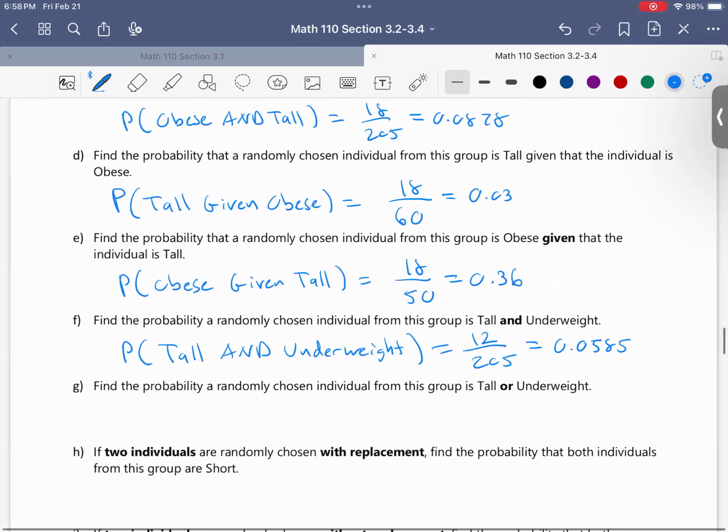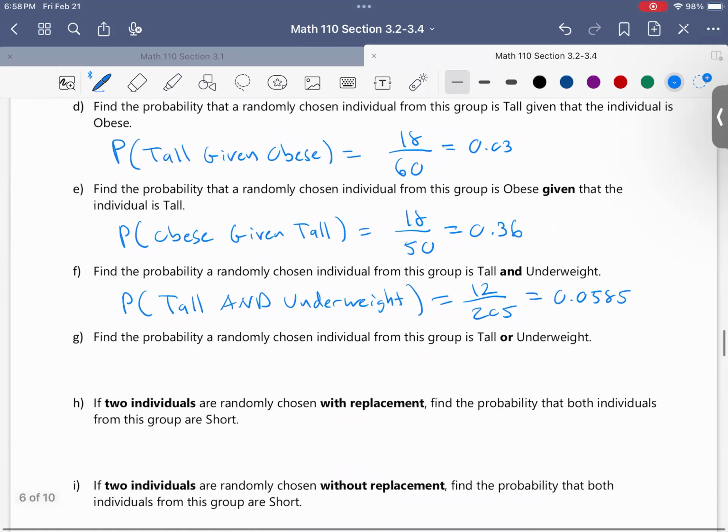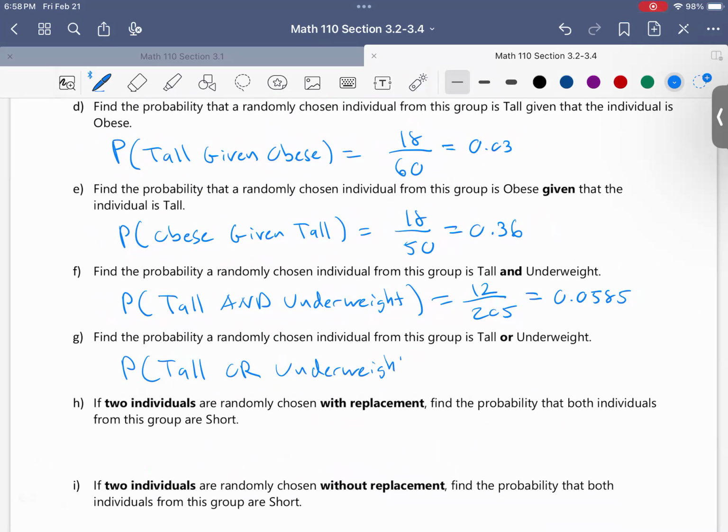Okay, now the last of single selections, find the probability that a randomly chosen individual from this group is tall or underweight. So probability of tall, and now it's or underweight.